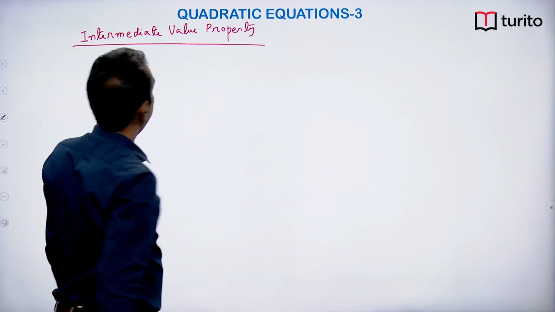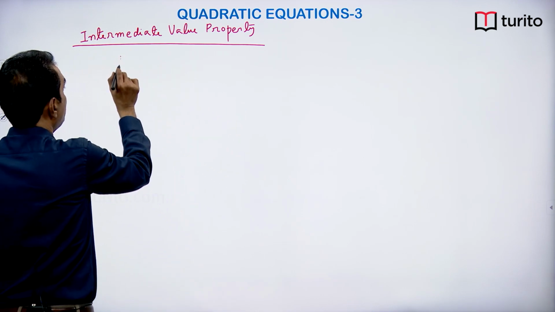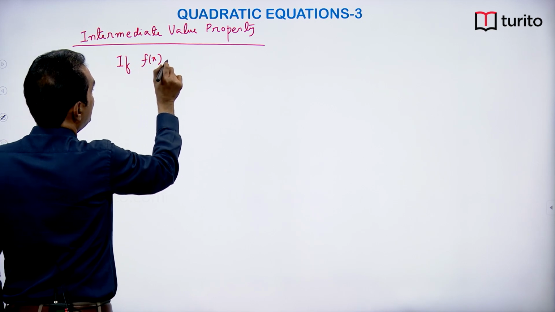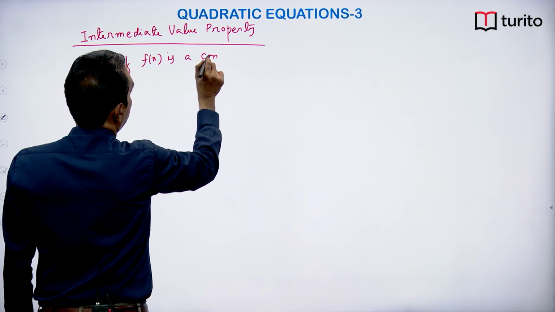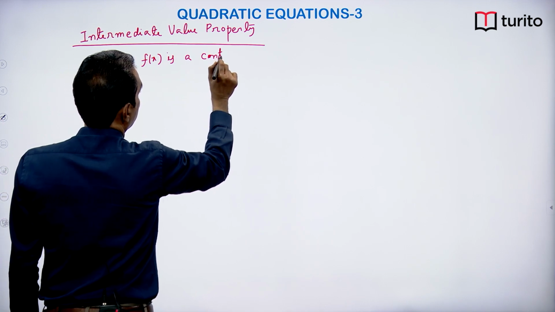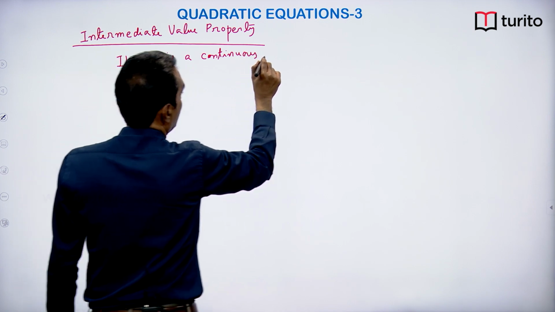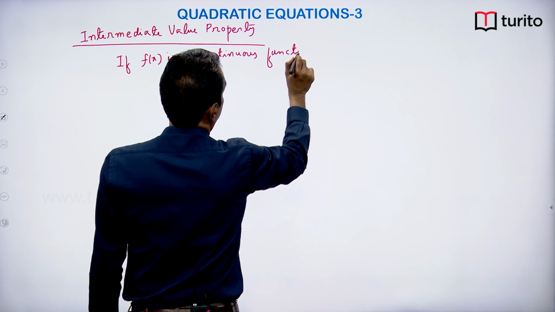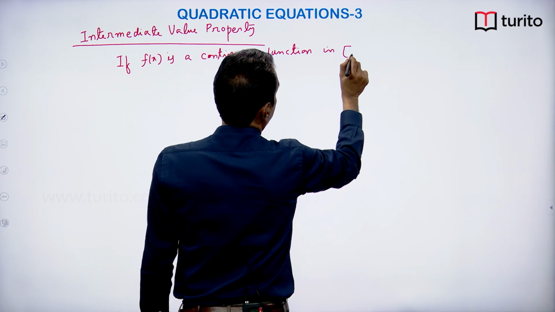Intermediate value property. If f of x is a continuous function in the interval a to b.